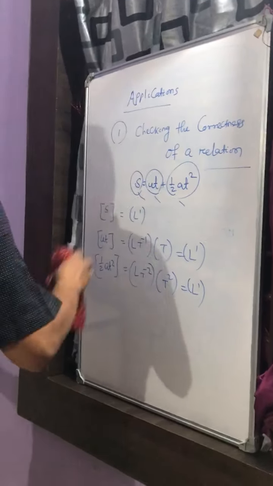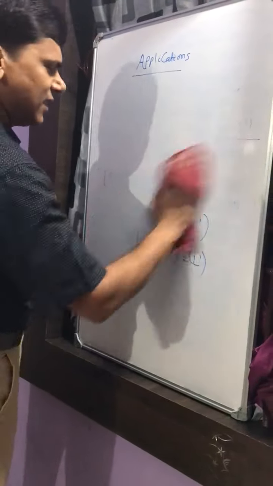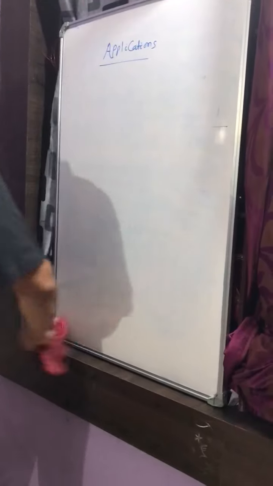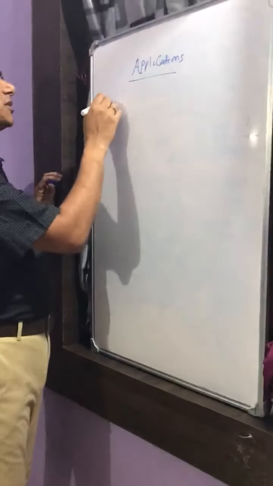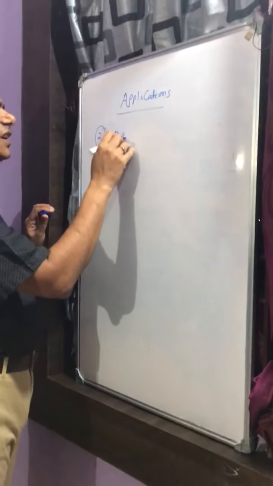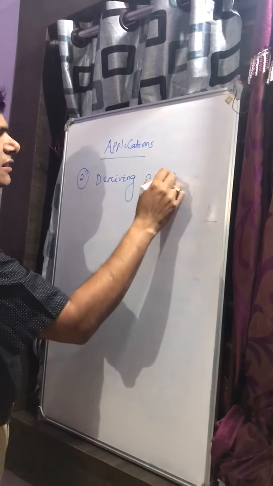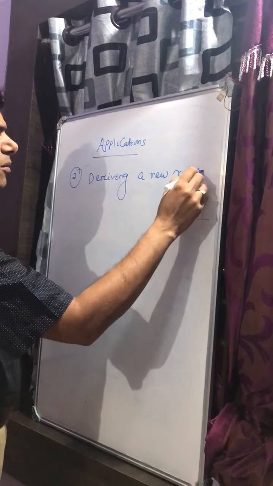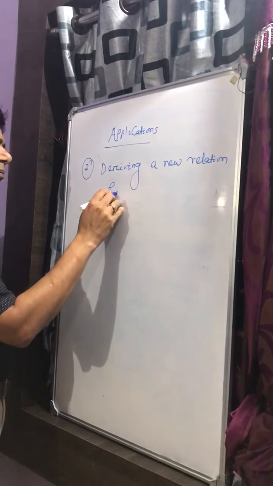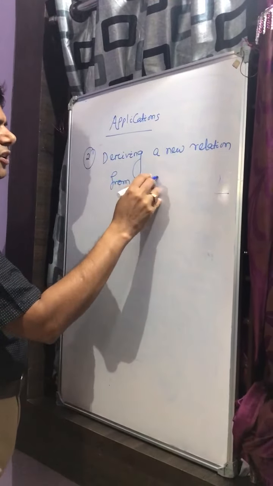Now let us go to the second application. The second application is like this. This is actually deriving a new relation from the given information.